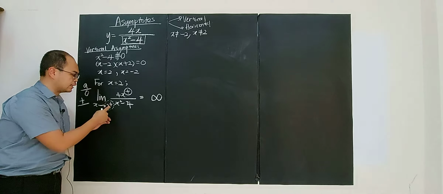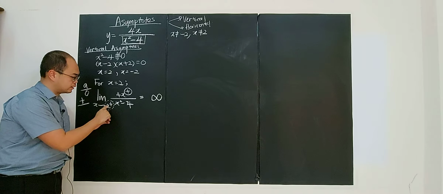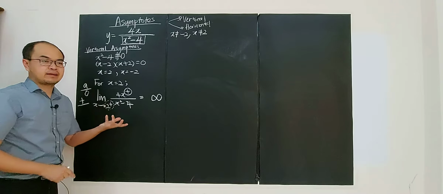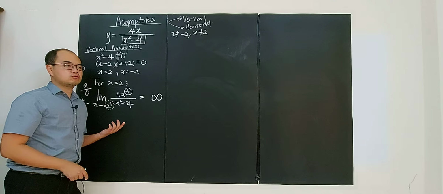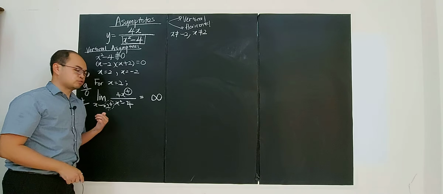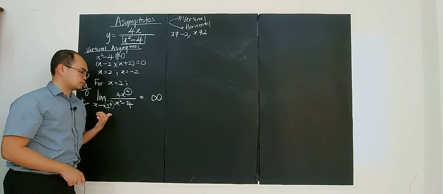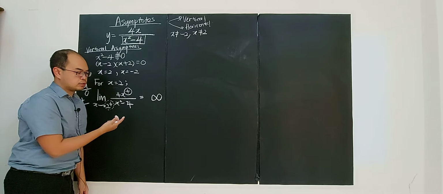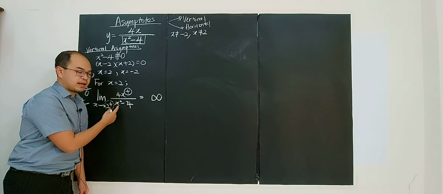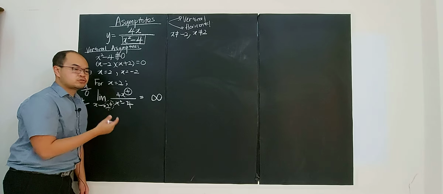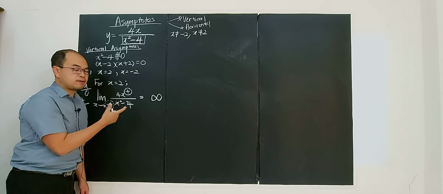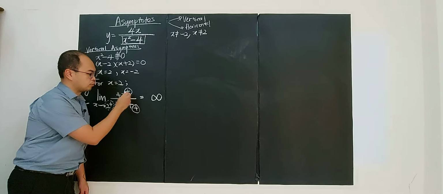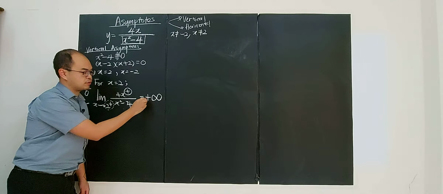So you choose a number near 2 to the right, more than 2. We could choose 2.1 or 2.2, but that's hard to think about, so we choose 3. With x equal to 3, 3 squared is 9, and 9 minus 4 is 5, a positive number. Positive over positive gives positive infinity.